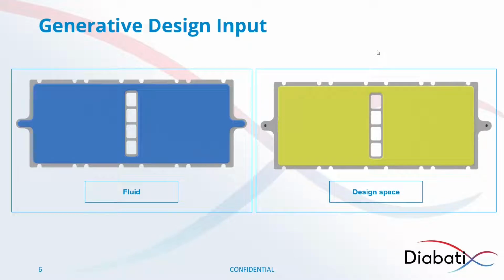If we then have a look at what we need to give as an input to the generative design tool, it is first of all this flat plate, and then the fluid region and the design region. We won't take into account any bending radii or drafts in this phase, the ones that come in because you are sheet metal forming a plate.